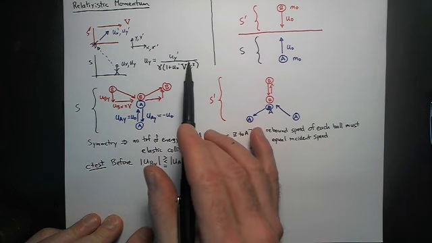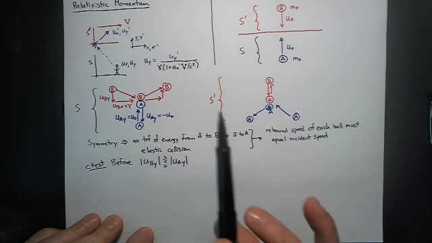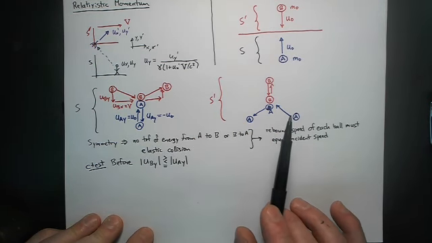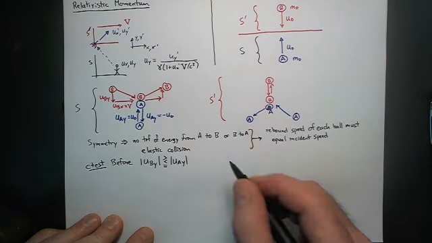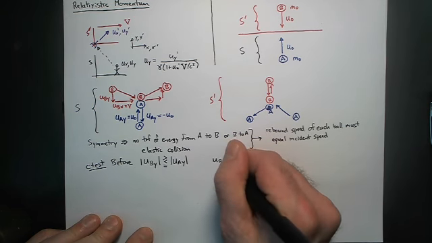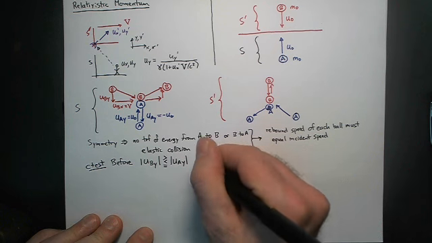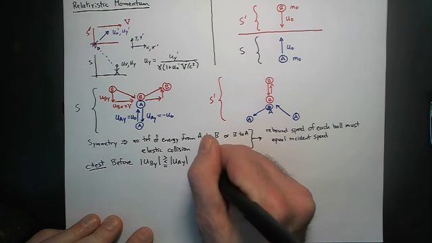Okay, so following the hint, we apply the Lorentz transform for velocity to ball B. So this is the Lorentz transform.